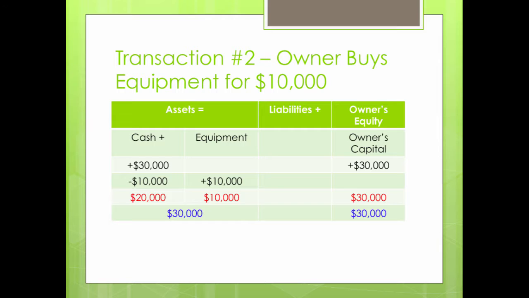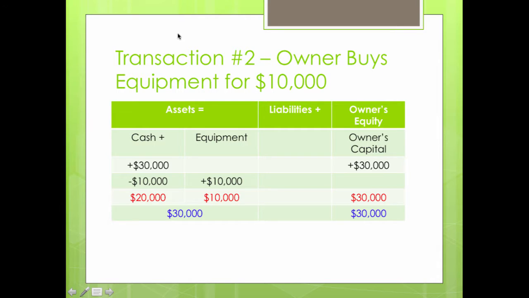So, next question. Is there another component that this event affects within the accounting equation? Well, the owner is buying equipment with cash. You're going to say, well, I don't see cash here in the transaction details.